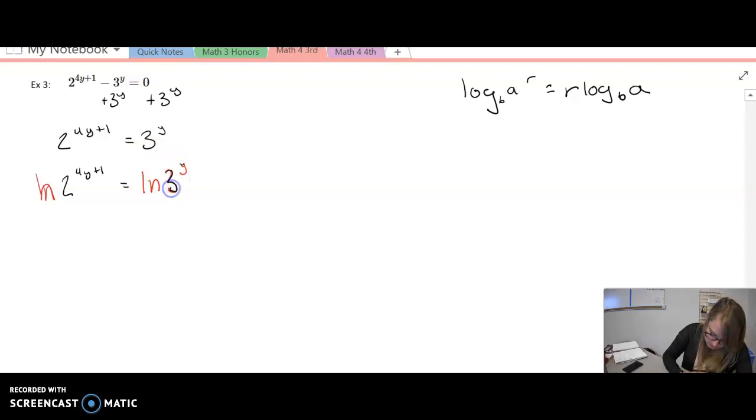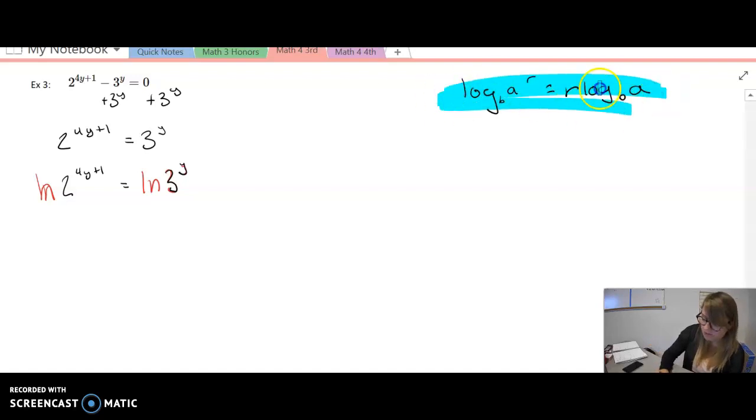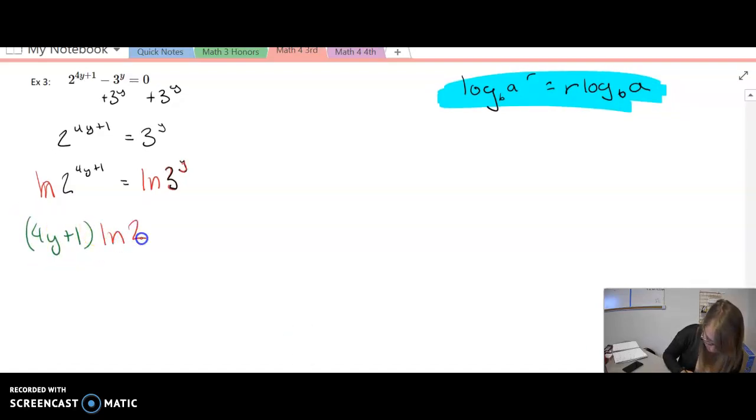Alright, so then from here we use our rule to move our exponent to the front. So now I have 4y plus 1 times the natural log of 2 equals y times the natural log of 3.